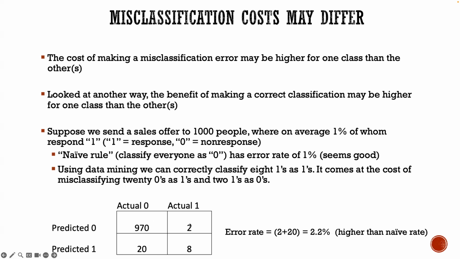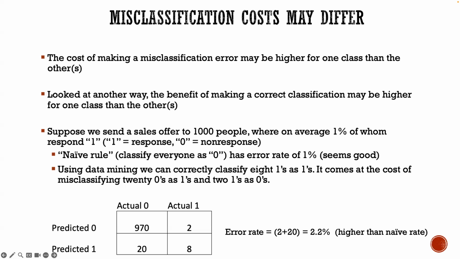So the total error is: how many did we predict one which actually was zero, 20 of them. How many did we predict zero which actually were one? There were 2 of them. So these two together will be 22. And 22 out of 1,000 total number of people results in 2.2% error, which is higher than this naive rule of 1%.